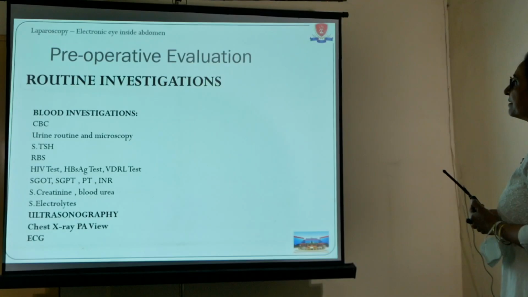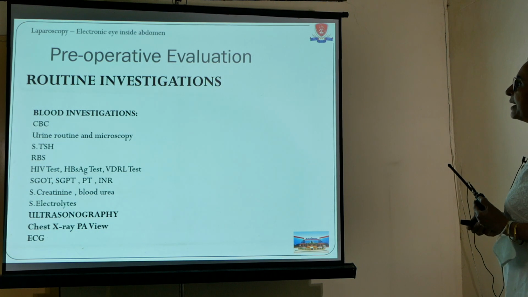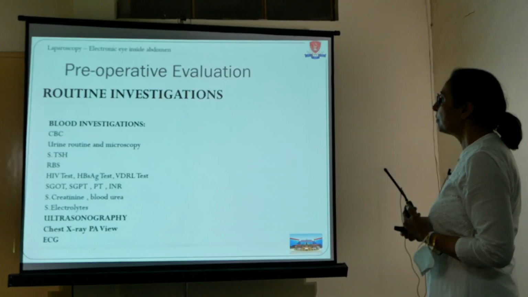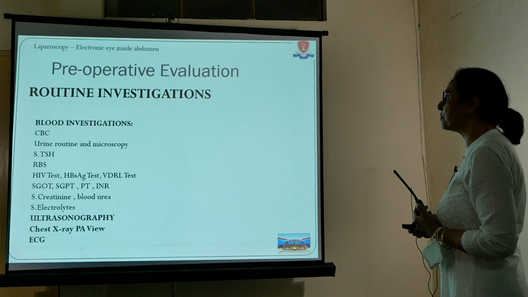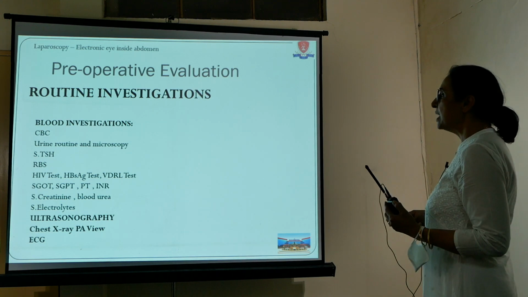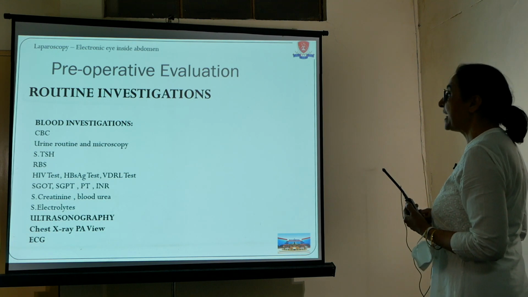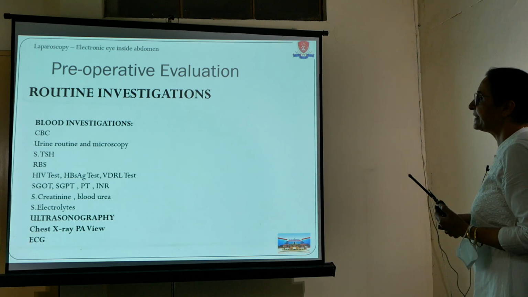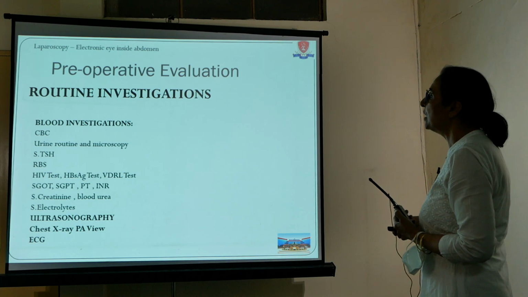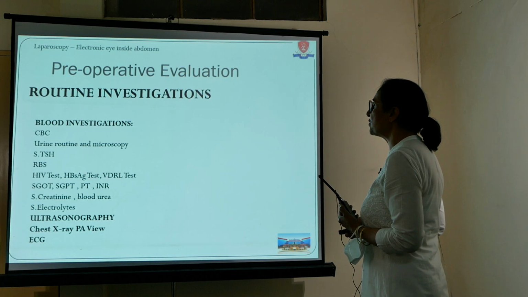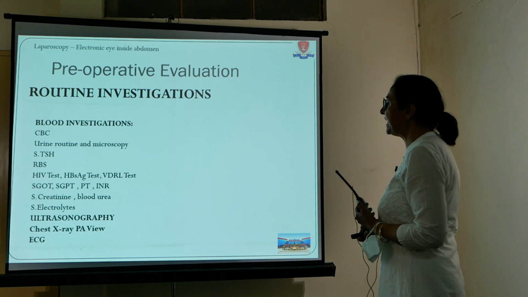Number 1, the blood investigations: complete blood count, routine urine and microscopy, serum thyroid stimulating hormone, random blood sugar, HIV test, HBsAg test, VDRL, SGOT, SGPT for liver function, PT-INR to know the coagulation status of the patient, serum creatinine and blood urea to know the kidney function, serum electrolytes, ultrasonography, chest X-ray PA view, ECG.